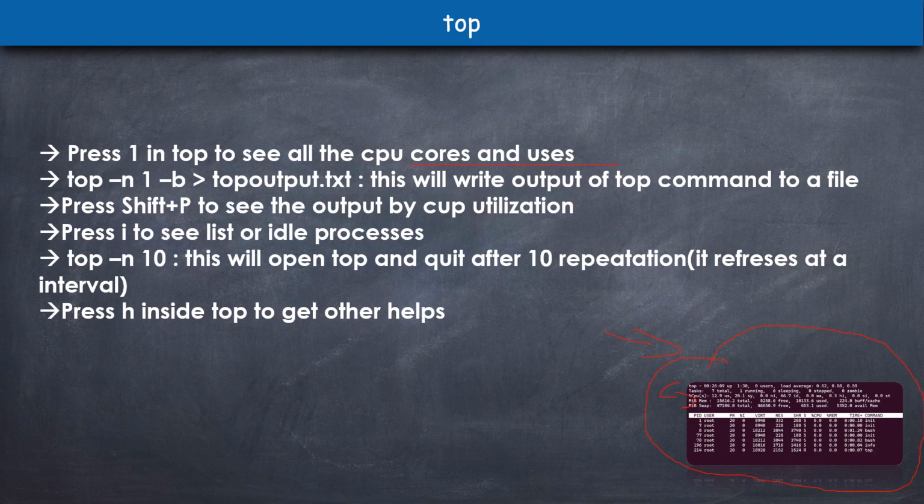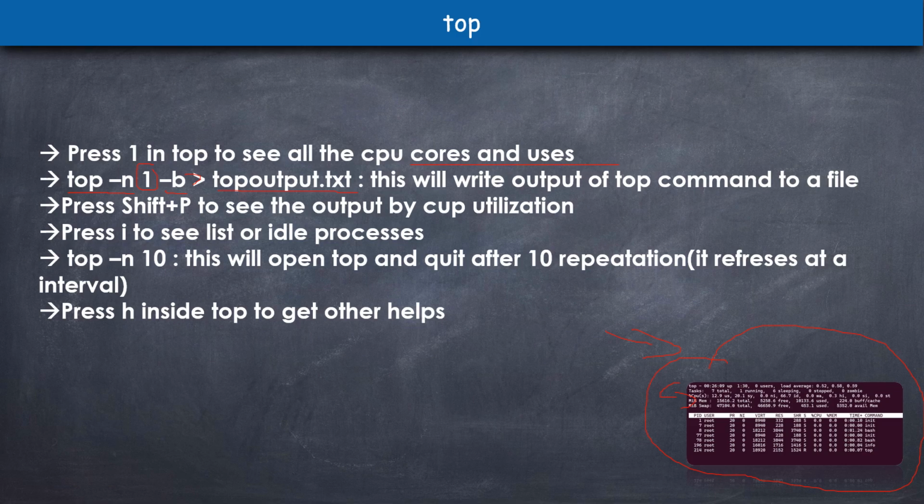If you want to save the list of running processes in a text file, you can use top -n 1 -b, which will run top one time in batch mode and send that output to a text file. Then you can grep or do whatever you want with the text file.